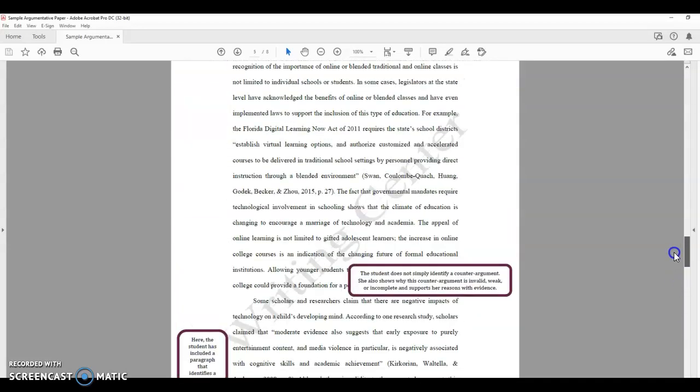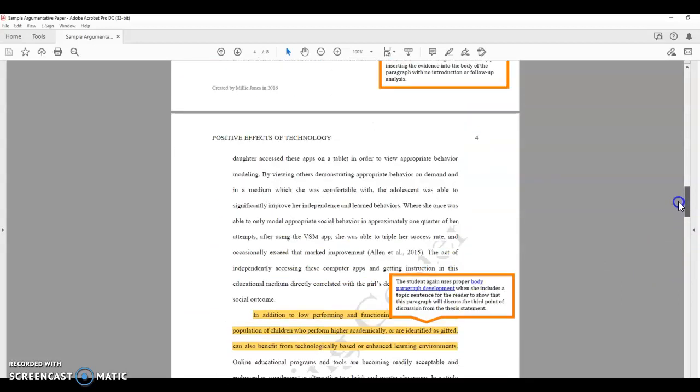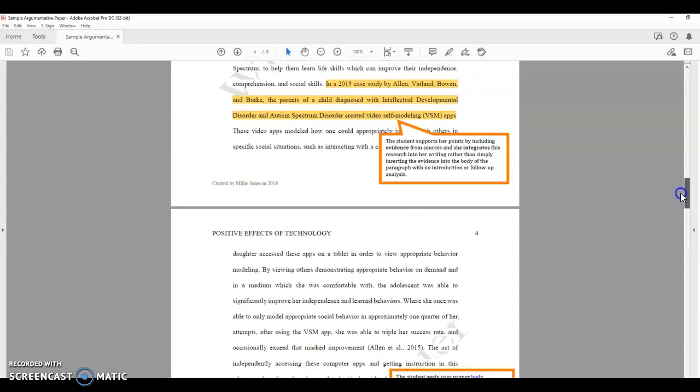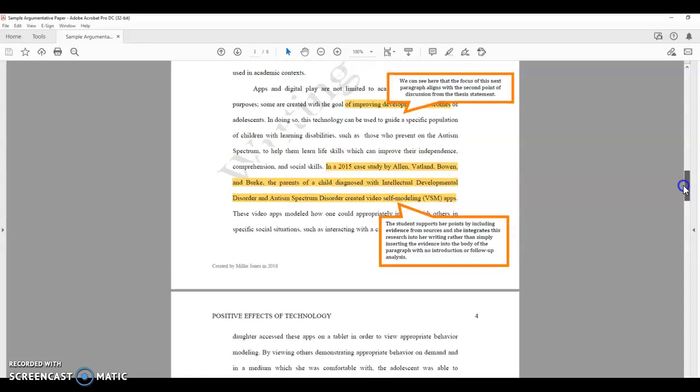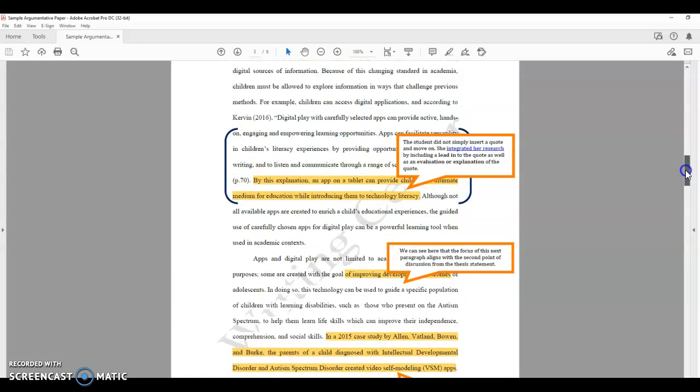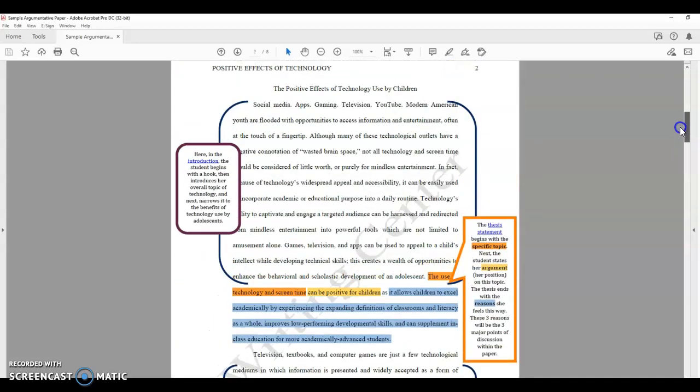I know some of it is a little bit hard to see because of the text boxes, but if you read through what you can see, it presents a nice reminder of the ingredients of a good essay, as well as examples of how to use quotes, research, data, or information from external sources to support your essay or your argument. So this is a great model. Please review it and use this as inspiration.